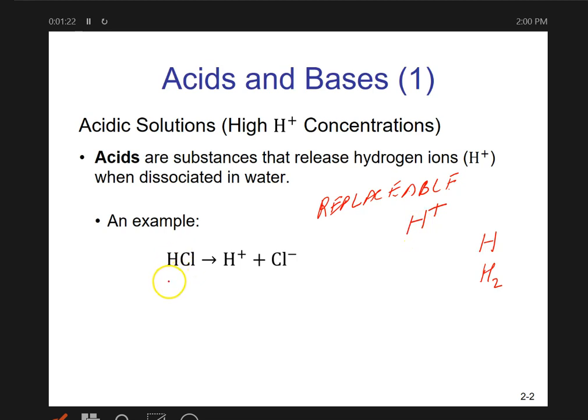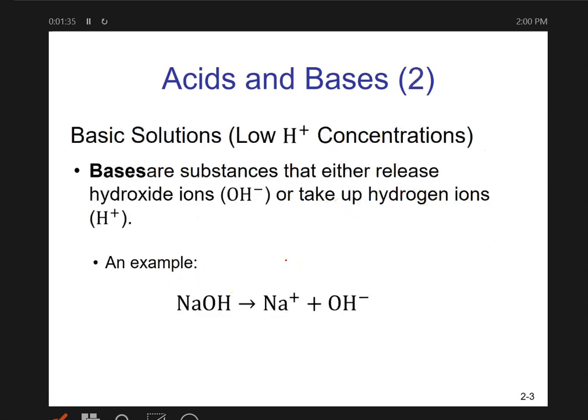A common example, of course, is hydrochloric acid. Hydrochloric acid breaks up in water, of course. It'll break up into hydrogen ions and chloride ions, right? Now, on the other hand, a basic solution or a base will have low hydrogen concentration but a very high hydroxide concentration.